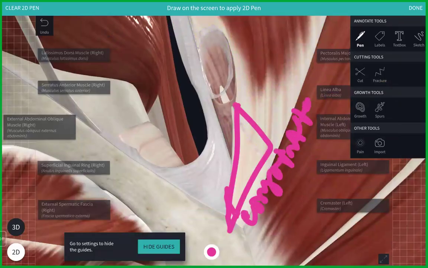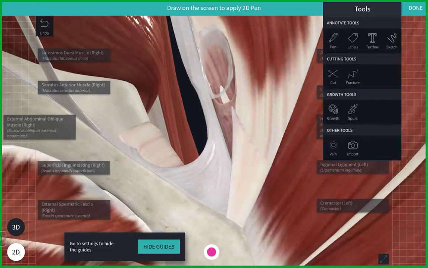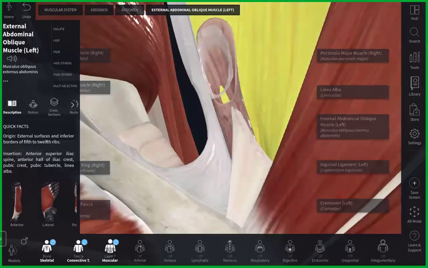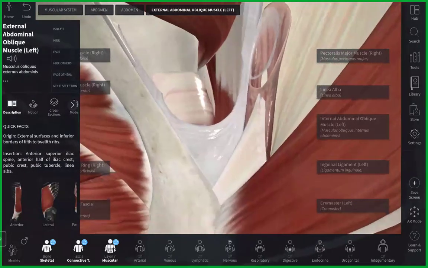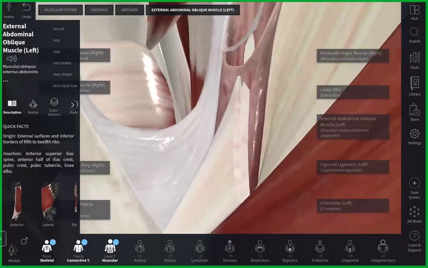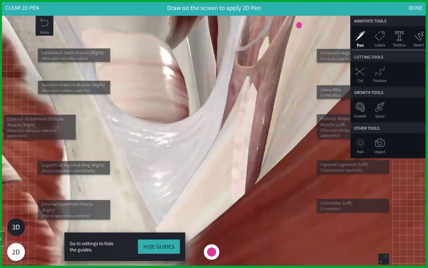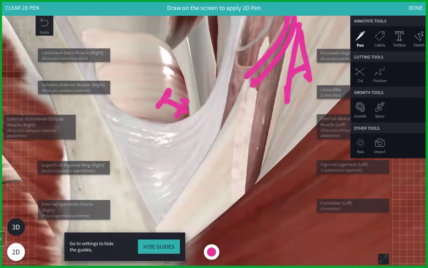Now, if we remove internal oblique, we can see external oblique aponeurosis, and we can see the canal right now. So, this is our inguinal canal. Anteriorly, we have this external oblique aponeurosis, and over it on the roof, we had two muscles, that is internal oblique and transversus abdominis.